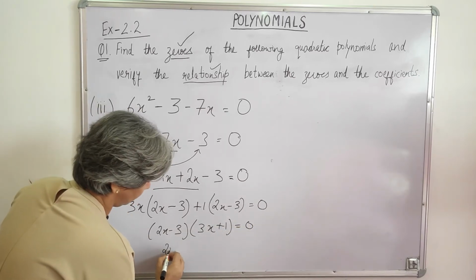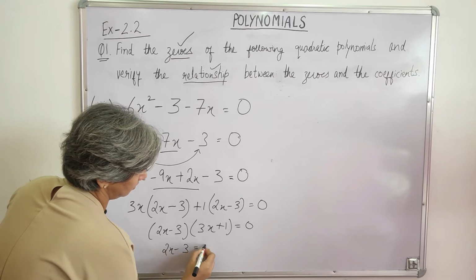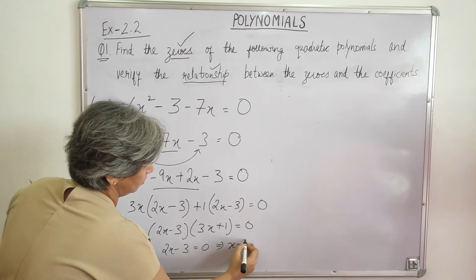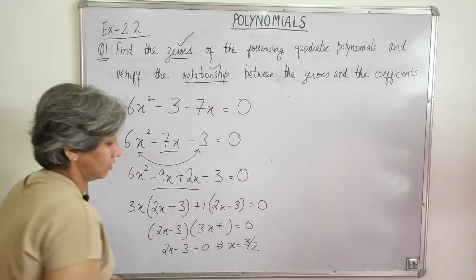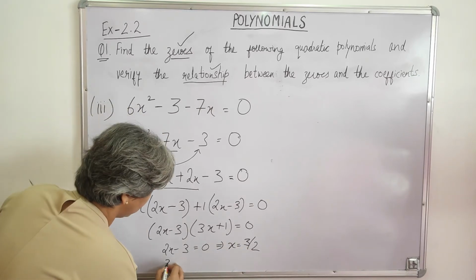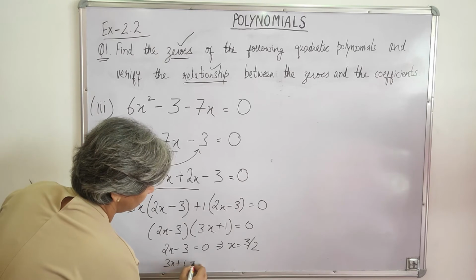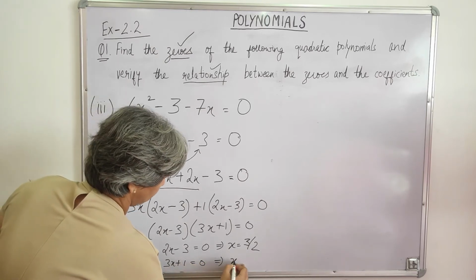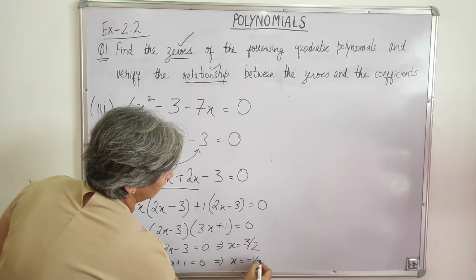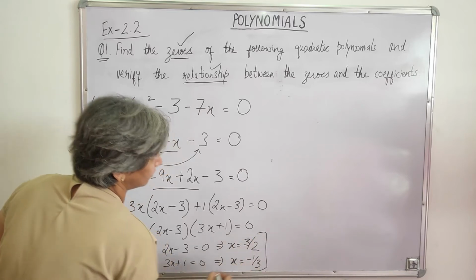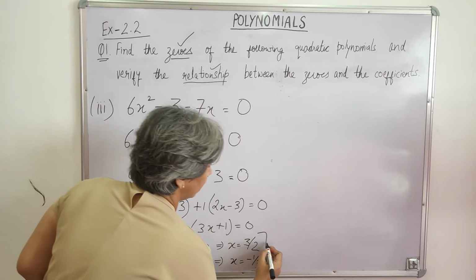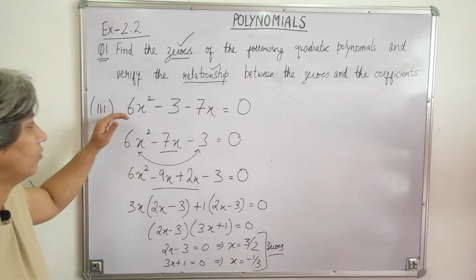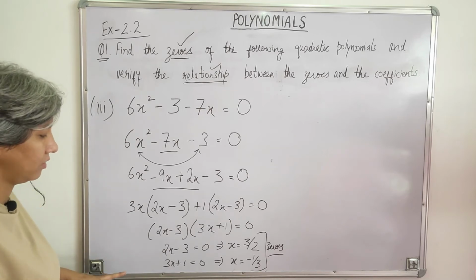So either 2x minus 3 is 0, which will give me x equal to plus 3 by 2, or 3x plus 1 is equal to 0, which will give me x equal to minus 1 by 3. So these are my zeros for the given polynomial, right?